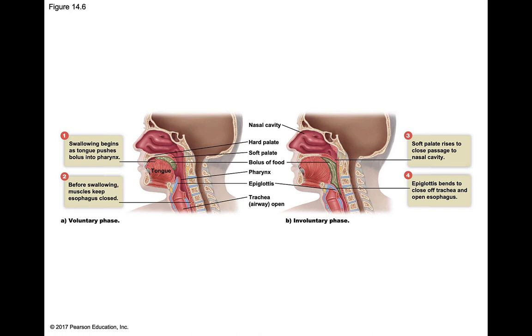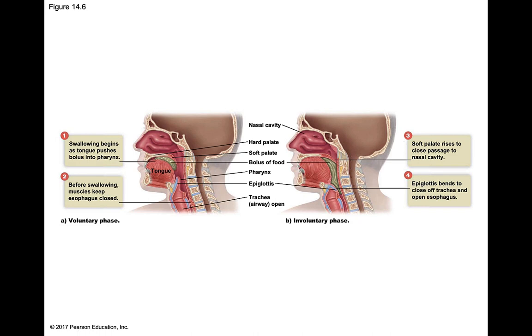Here we can basically see the steps that kind of make up the swallowing reflex. So swallowing begins, and the tongue is actually pushing the bolus into the pharynx. Now, before swallowing, muscles are keeping the esophagus closed. Now, the soft palate will actually rise, and that's going to close the passage to the nasal cavity.